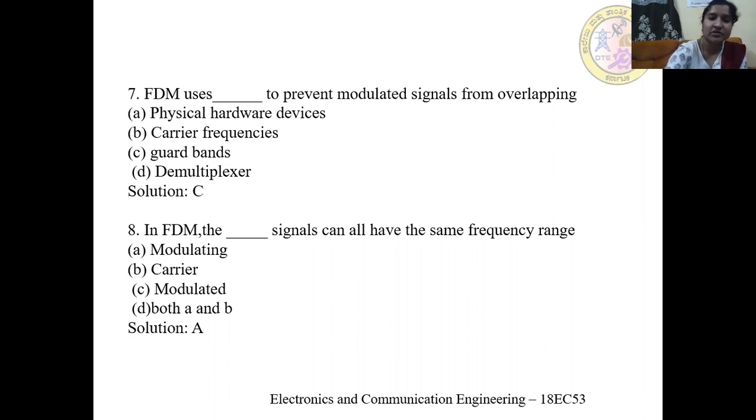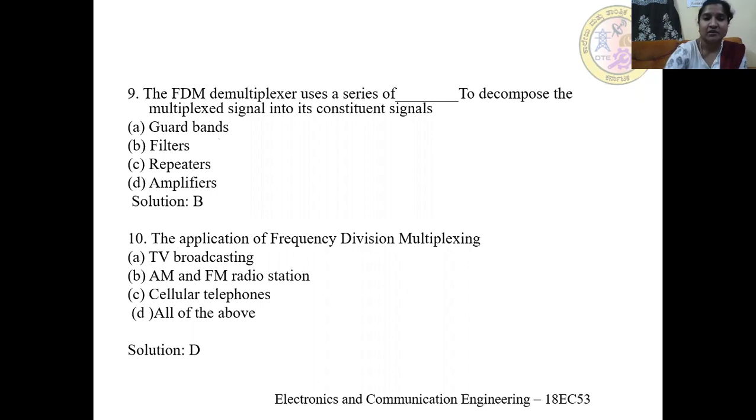So these are some of the MCQs. Okay, two more questions. Ninth question. The FDM demultiplexer uses a series of dash to decompose the multiplexed signal into its constituent signals: guard bands, filters, repeaters, amplifiers.